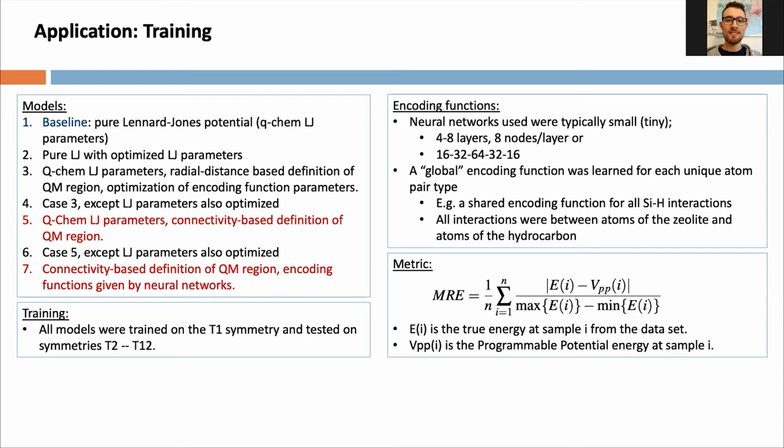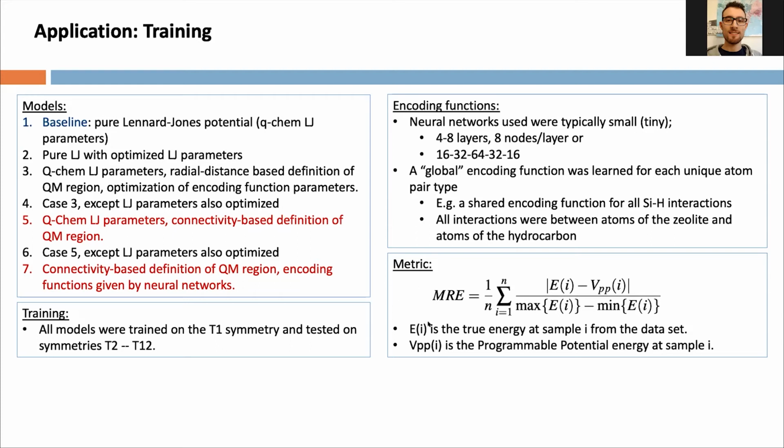On the zeolite framework, we just have silicon and oxygen, and those interact with the carbons and hydrogens of the hydrocarbon. So we really only have 4 unique atom pair type encoding functions: oxygen hydrogen, oxygen carbon, silicon hydrogen, and silicon carbon. And every symmetry region shares that same global encoding function.